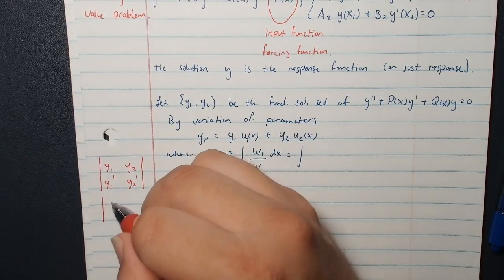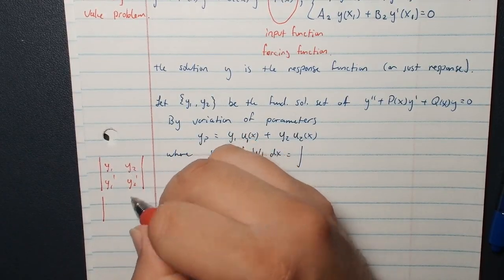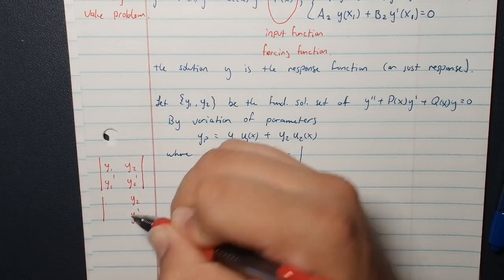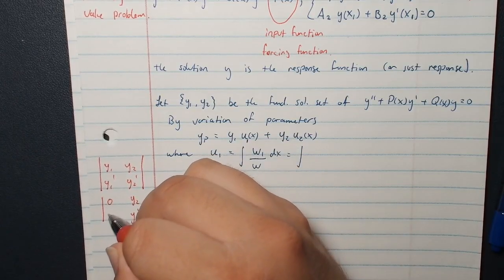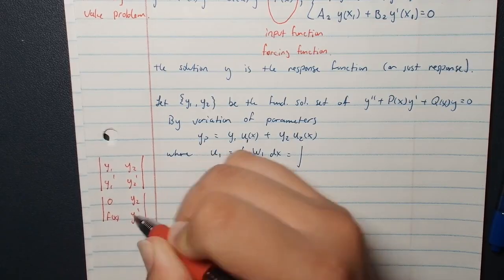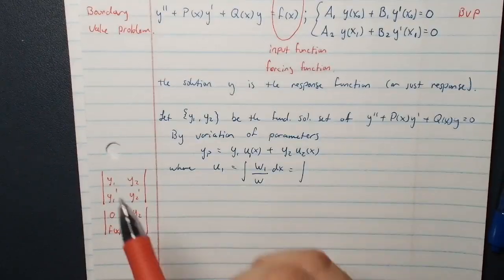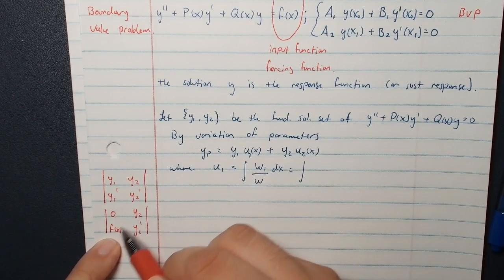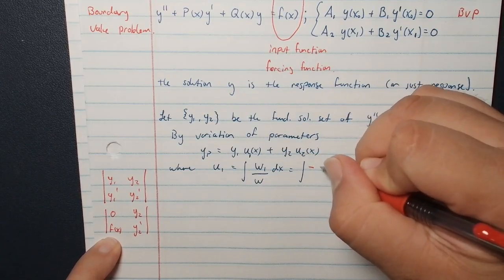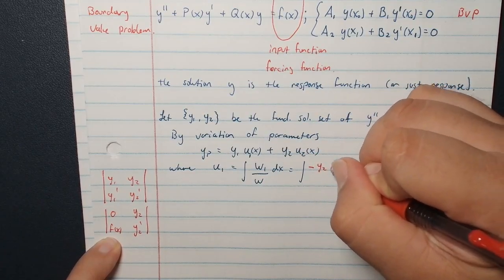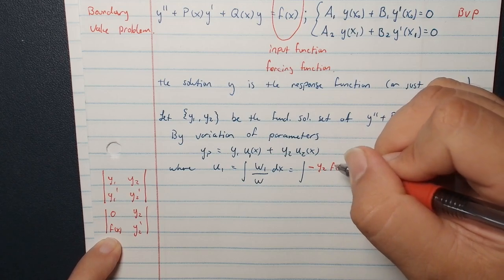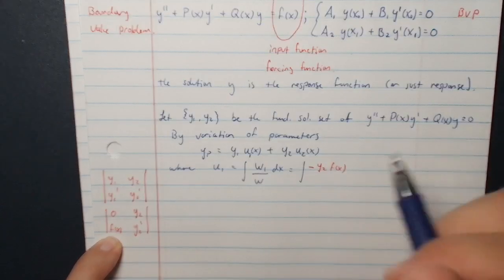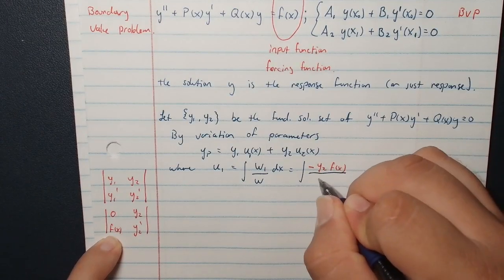Then w1 would be, you would leave the second column alone, but the first column would be 0 and at the bottom f of x, your input function. So here w1 would be the determinant. When you multiply these, you get 0, so really you just have minus this. So you'd have minus y2 f of x divided by the Wronskian.